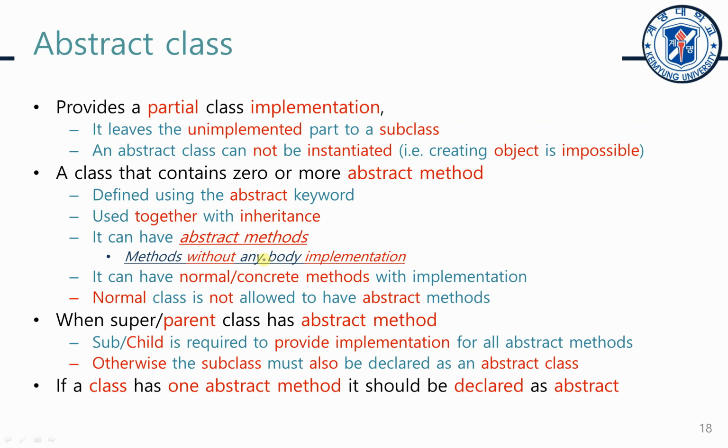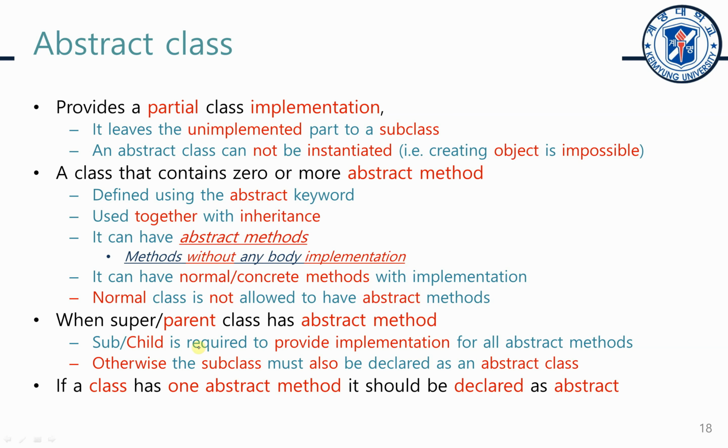That means the methods will not have a body. They will just have a name and parameters. Abstract classes can also have normal or concrete methods, the methods that we have already seen. A normal class is not allowed to have abstract methods, that means methods without any body.